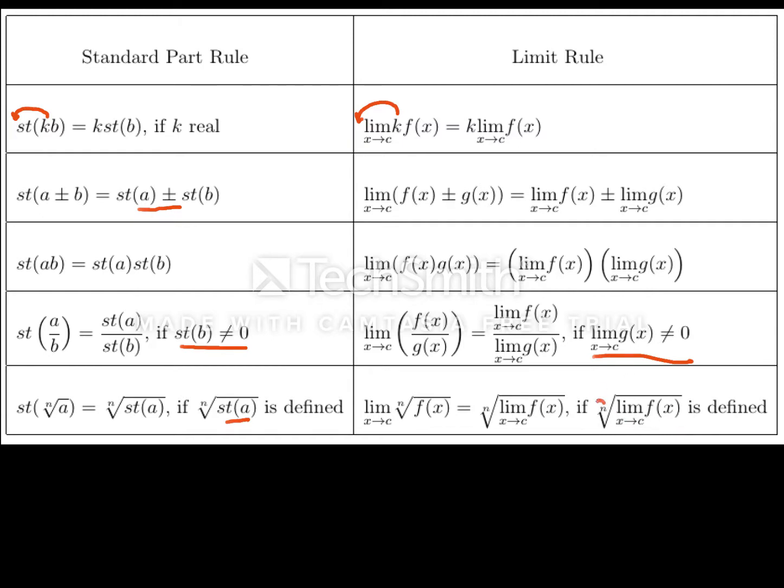And really, the issue here is: is n even? If n is odd, then cube root, fifth roots, all those, they're defined for all positive and negative values. But if this is an even number, so the square root, the fourth root, the sixth root, then it only makes sense if this in here is positive.